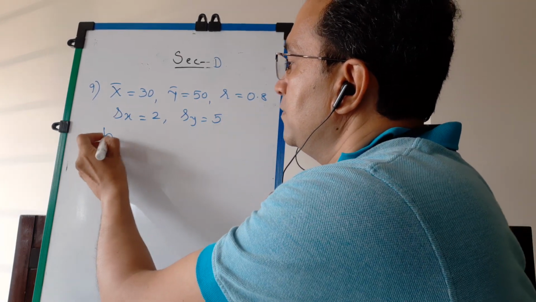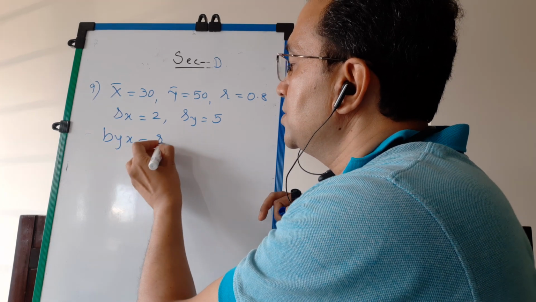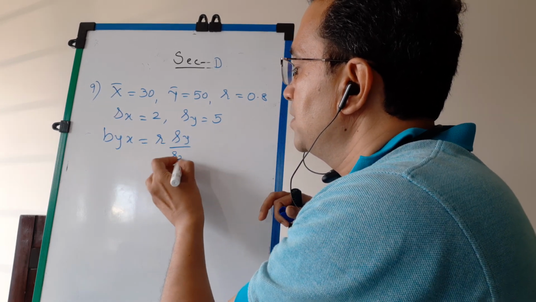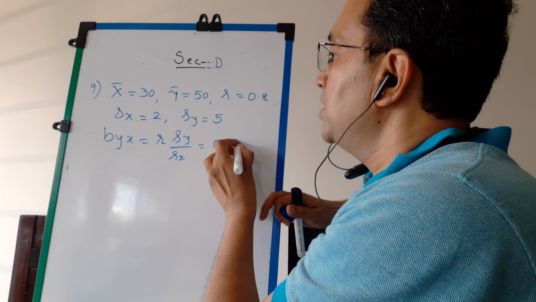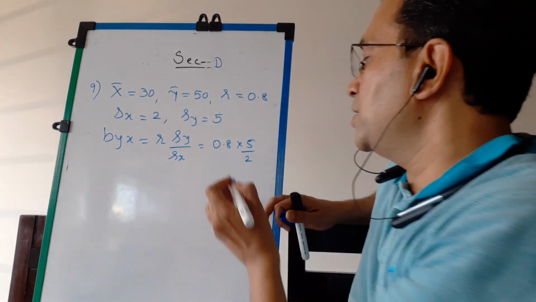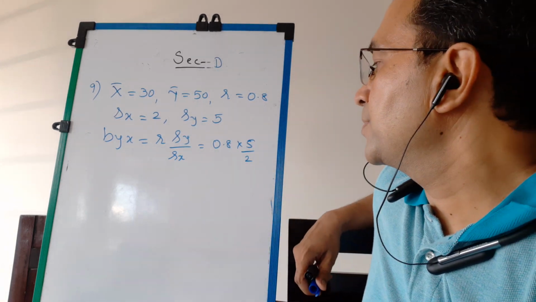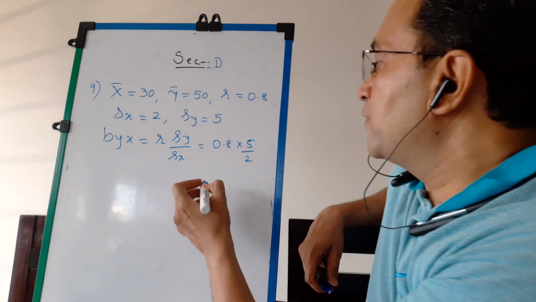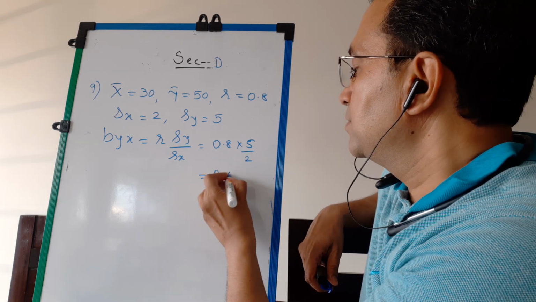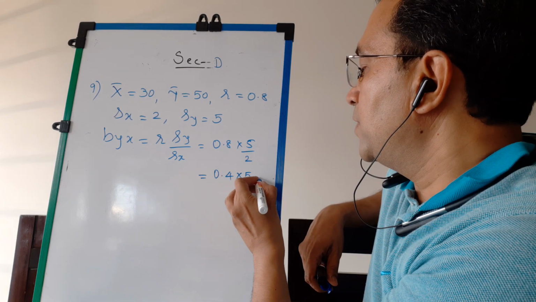So first of all, we find byx, which is r into sy upon sx, 0.8 into 5 by 2. So this will be 0.4 into 5, which is 2.